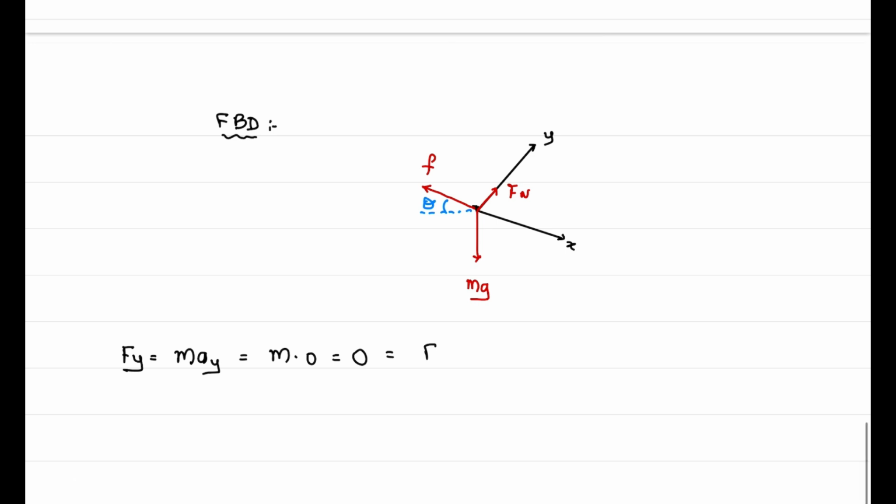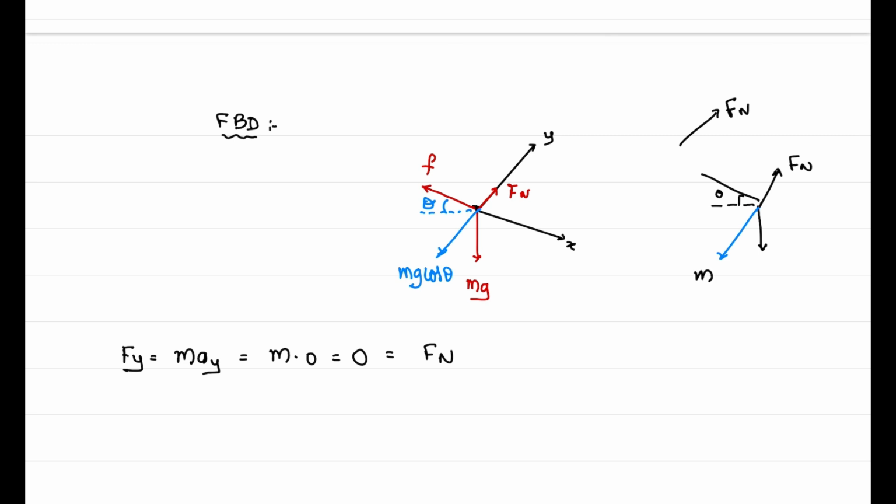In the positive y direction Fn is there, and mg is here. This mg, with an angle of theta here, perpendicular to this is Fn, then the component of mg will be mg cos theta.